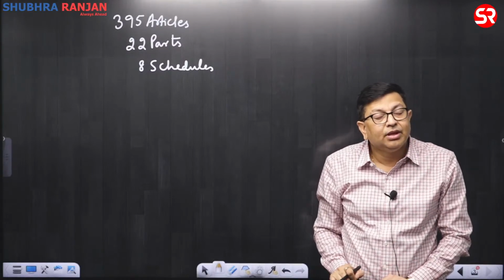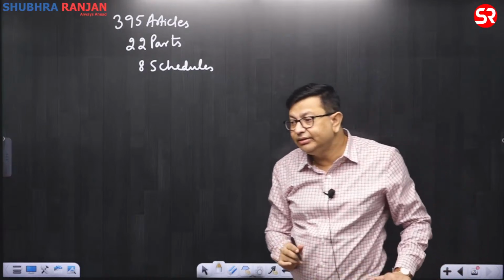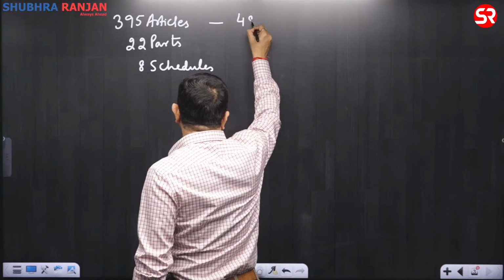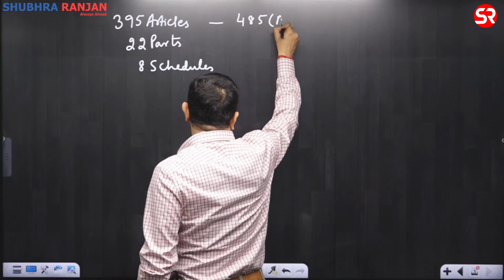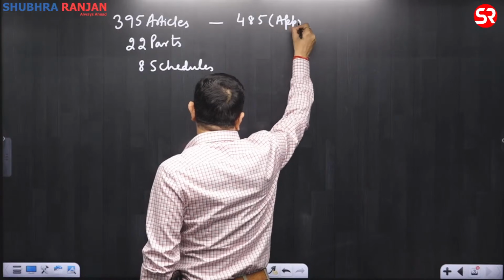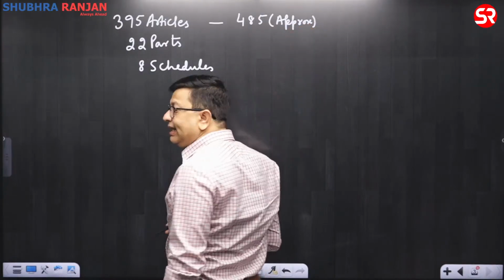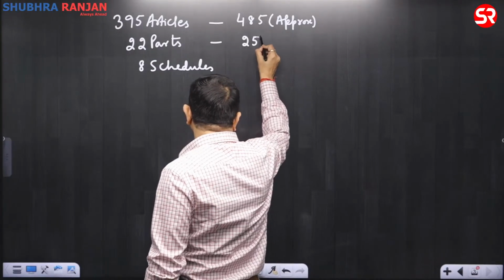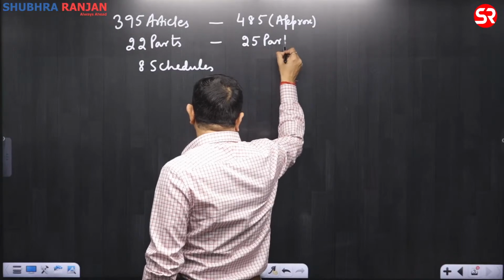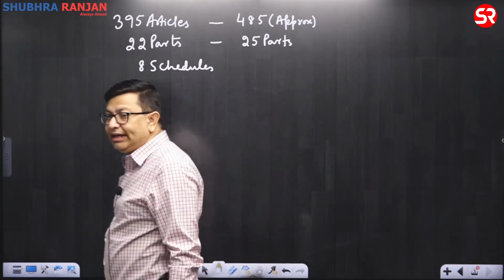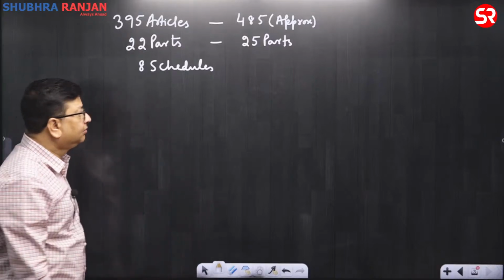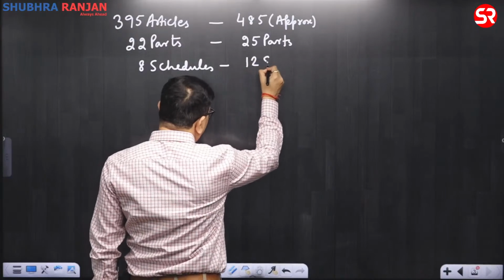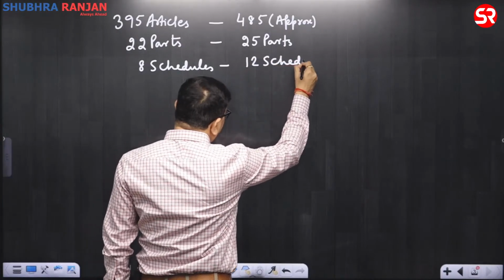Full stop. At present, it has approximately 485 articles, divided into 25 parts and 12 schedules.